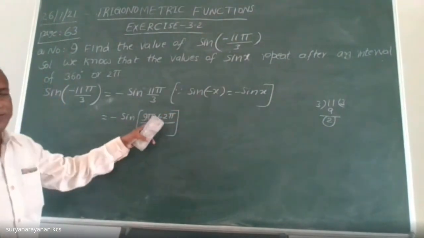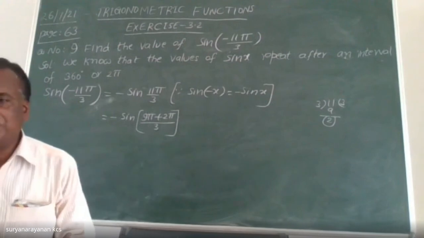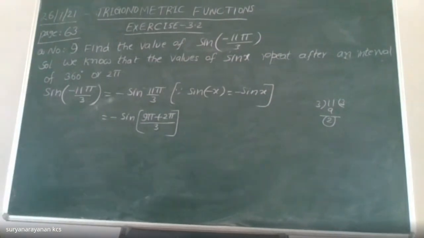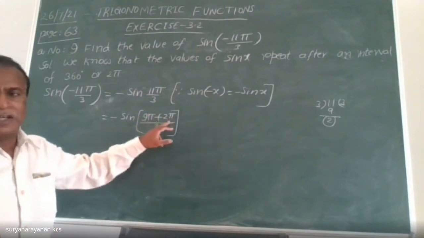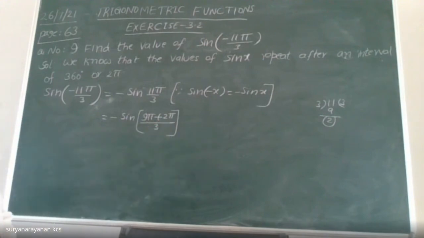I am splitting the numerator, 11 pi, as a sum of two numbers. Understood this point? 9 pi plus 2 pi.